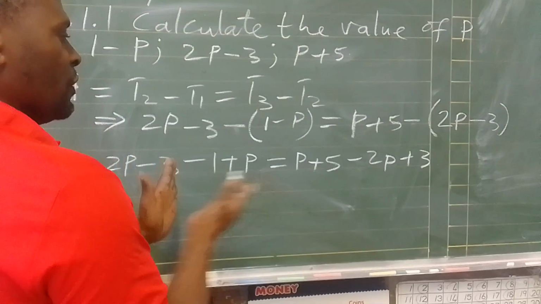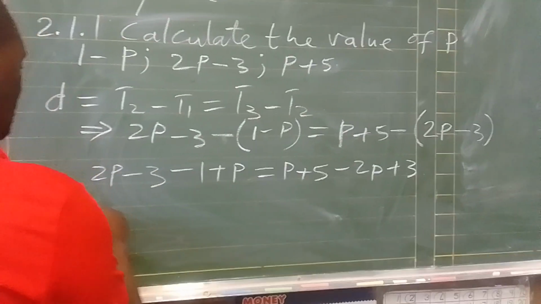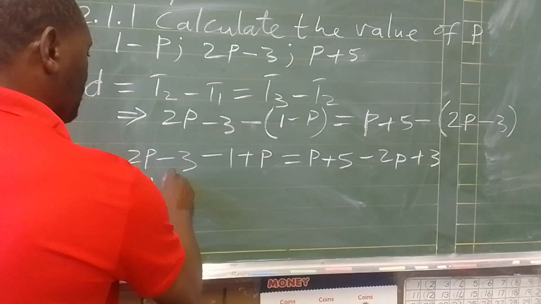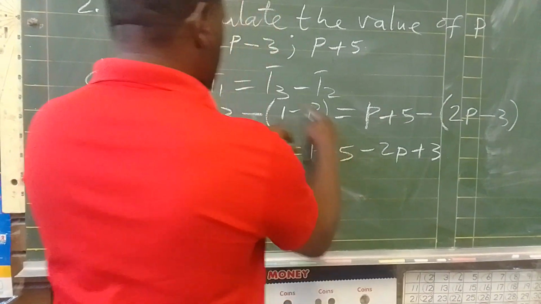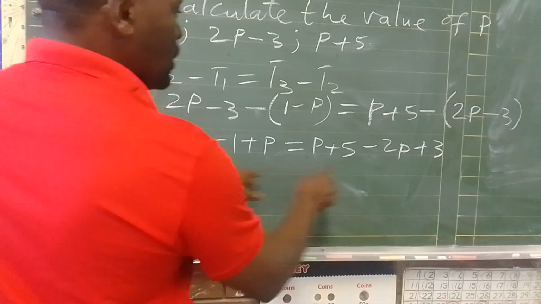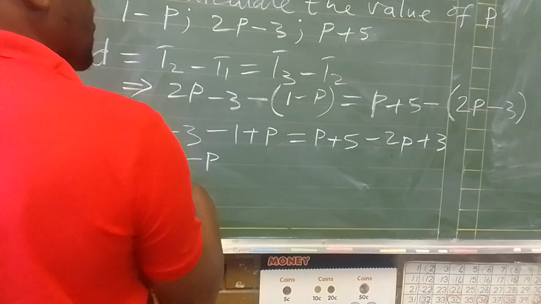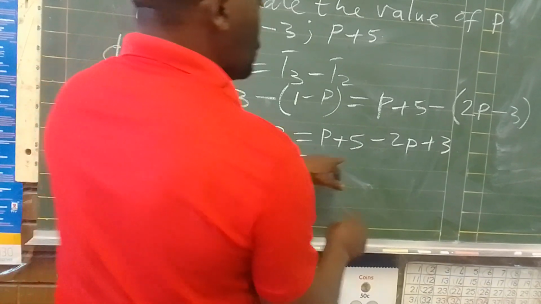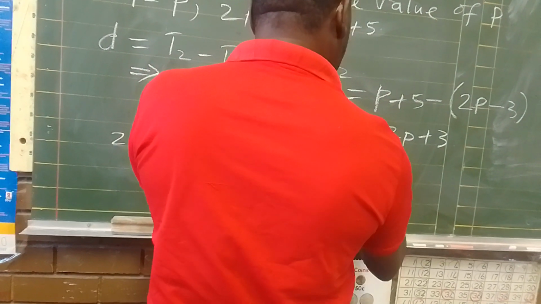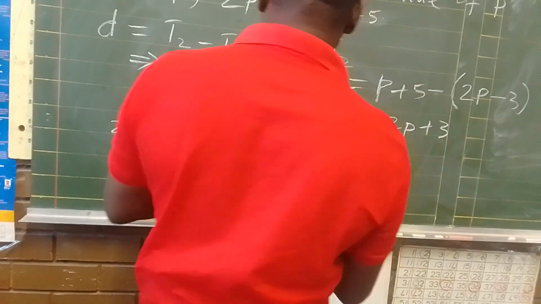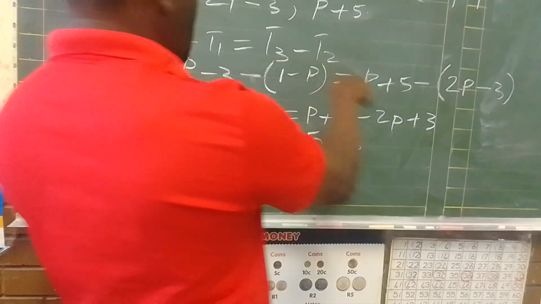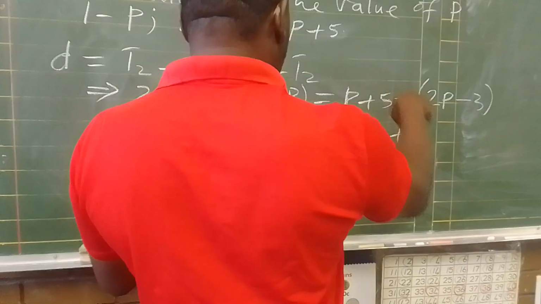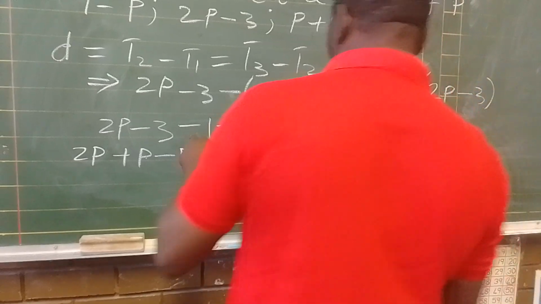Now we're solving for P. Take P to one side: this 2P, when it comes to this side, is positive, plus P. You take this P to the other side, you minus P. So 2P is equal to 5 plus 3. Now you take your 3, it's negative, this side is going to be positive. You take your minus 1, this side is going to be positive 1.